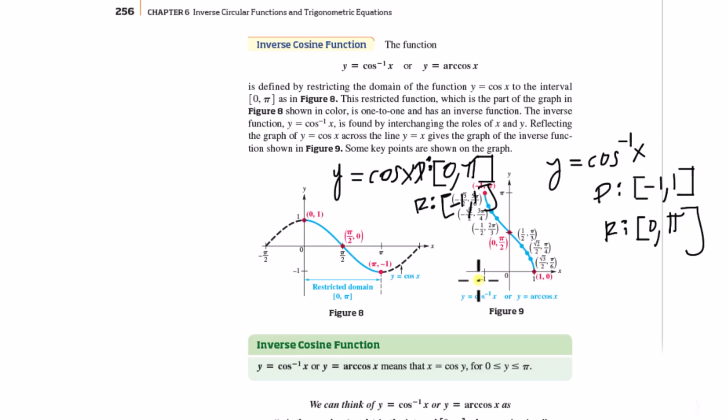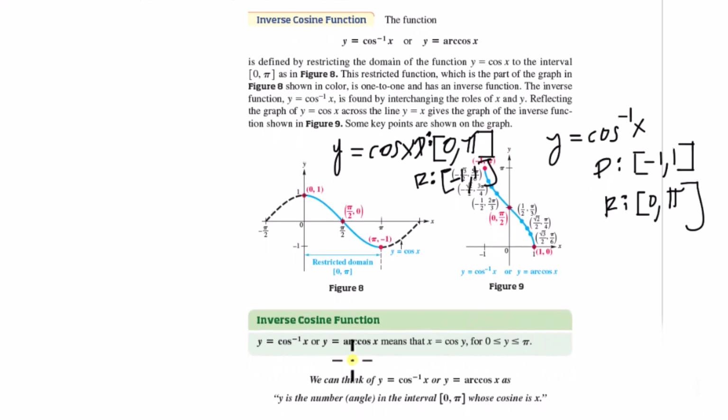With sine, the inverse sine domain was -1 to 1. The range was -pi/2 to pi/2, because that's how inverses work. The domain and range flip. The graph flips about y is equal to x, and the domain and range flip.